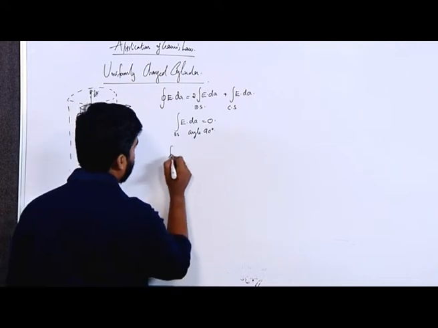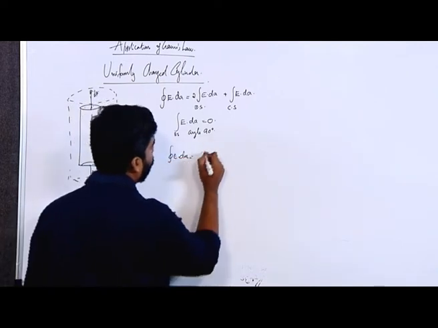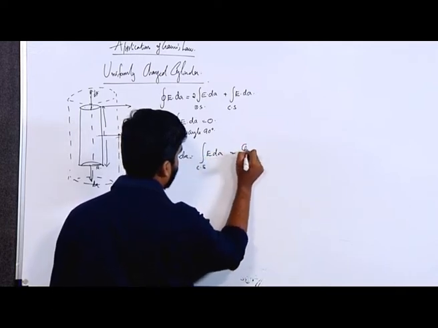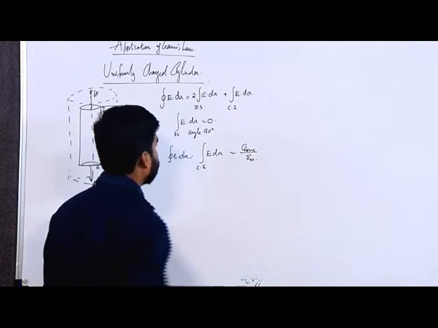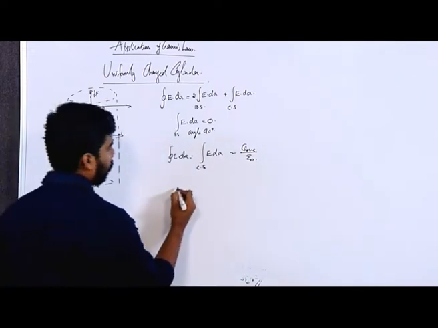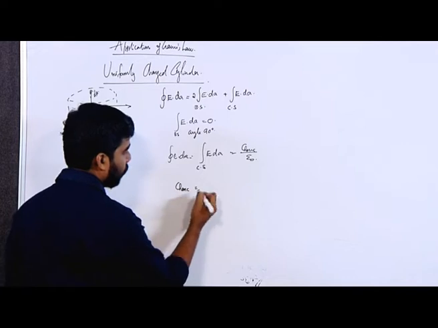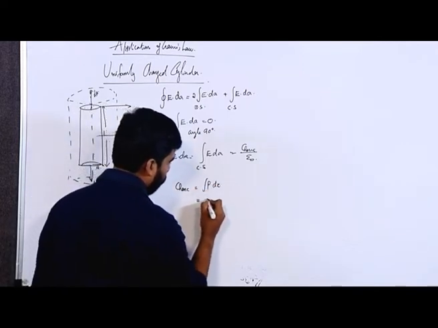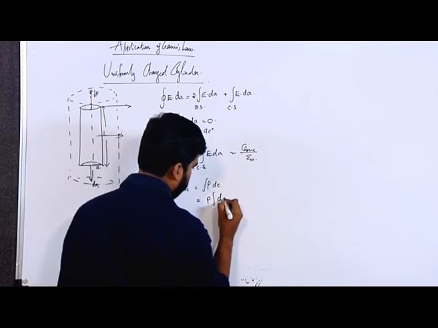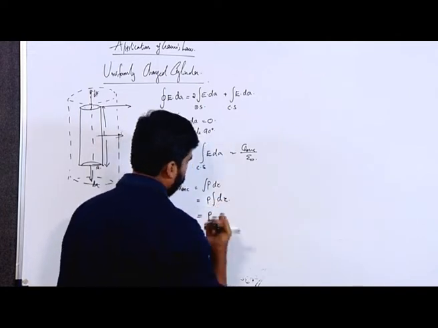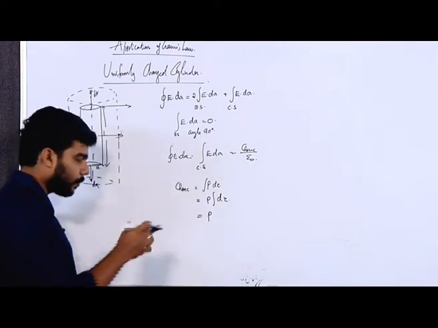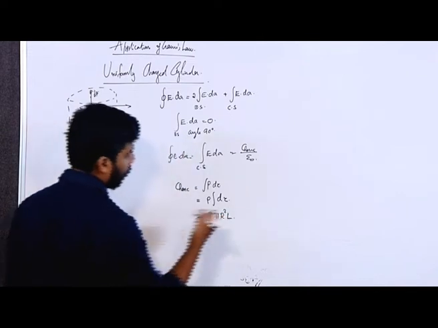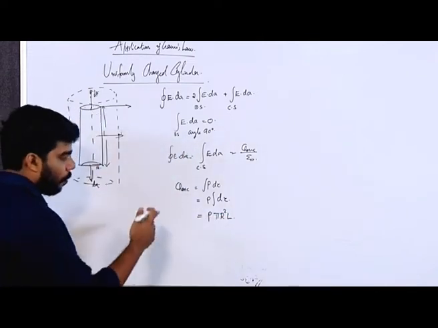So, closed integral E dot dA changes to the curved surface integral E dA, which is equal to Q enclosed by epsilon 0. The Q enclosed is equal to integral rho d tau, which is equal to rho into integral d tau. What is the total volume of the cylinder? It is pi R square L. So, Q enclosed is equal to rho pi R square L.